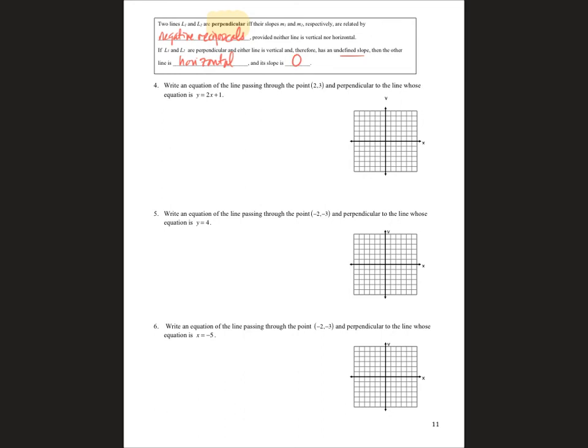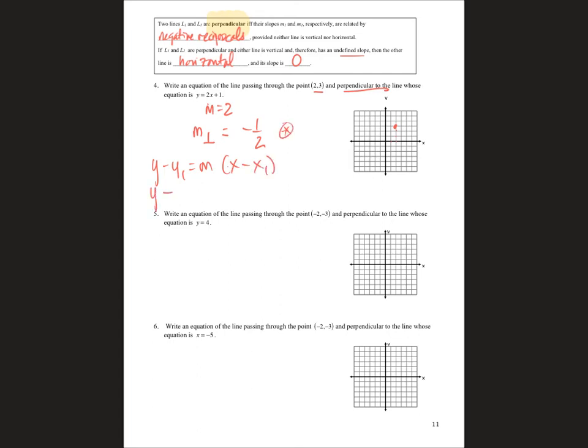I want to write the equation of the line passing through this point that is perpendicular to this line. So the slope of this line is 2. So the slope of the line that is perpendicular would be the negative reciprocal. So now I'm looking for point slope formula. I substitute in for the point. I substitute in for this slope.